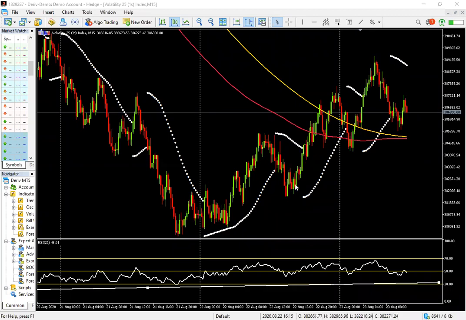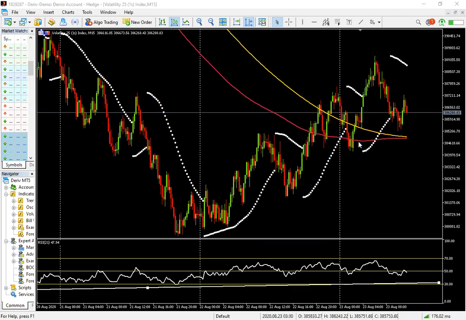I'm expecting all of you know how to use parabolic. Whenever the first signal confirms and then the candle drops back down, that's a buy signal. And the opposite, like this one, these are sell signals. Whenever this dot comes in, it gives a sell signal.